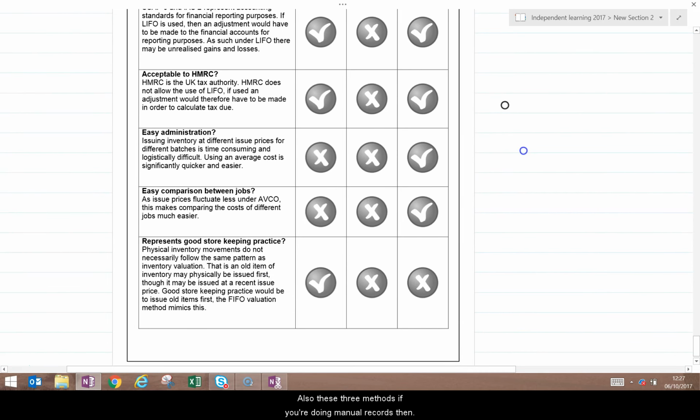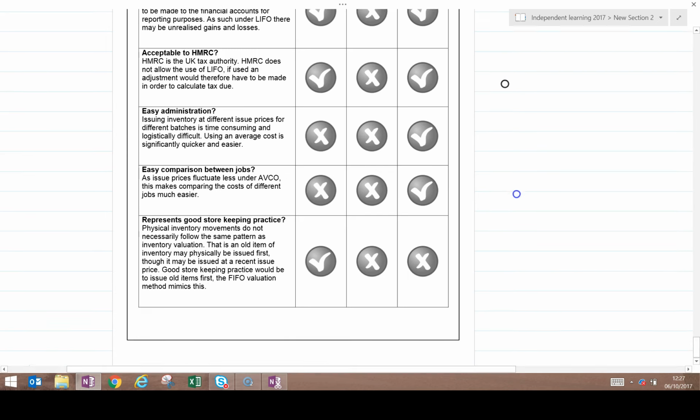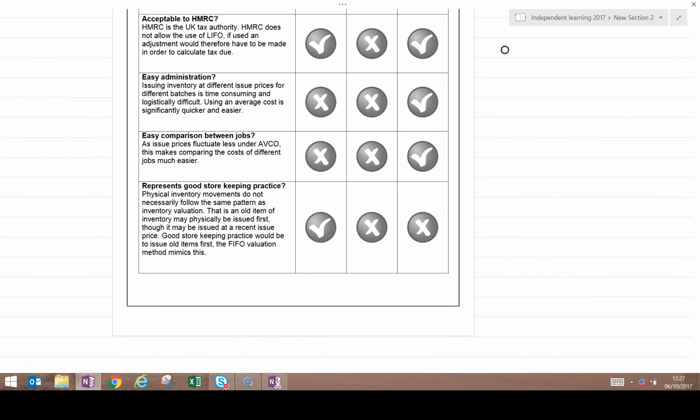Of the three methods, if you're doing manual records, then Avco is probably the easiest of the three because you are not having to rewrite your balances before you add a new receipt. Trying to compare different jobs is easiest with Avco because we've averaged our cost of our stock rather than seeing differences in the prices each time.